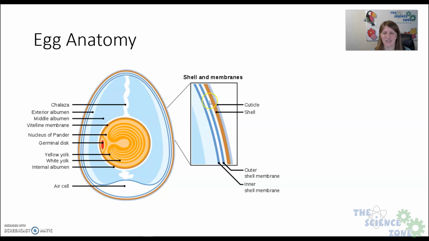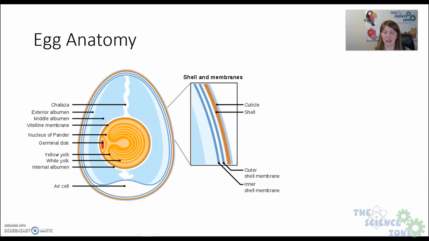Okay? Inside of that, we have the shell. The shell definitely helps protect that chick, but it's porous and it allows air to go through. So inside further, you have two membranes. So those are just little things that hold everything together. They're like an envelope. You have the outer shell membrane and the inner shell membrane.